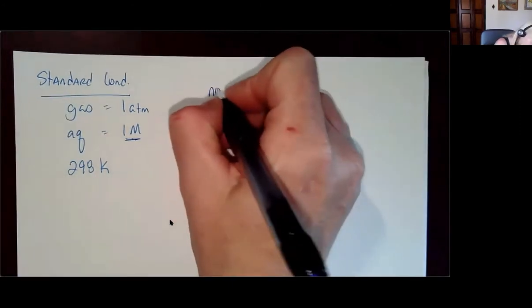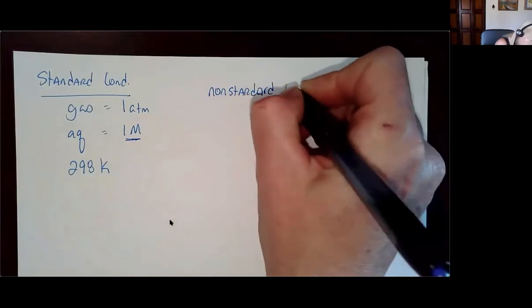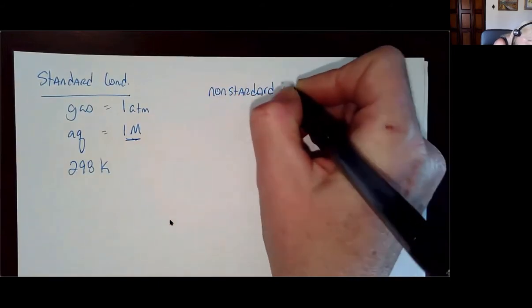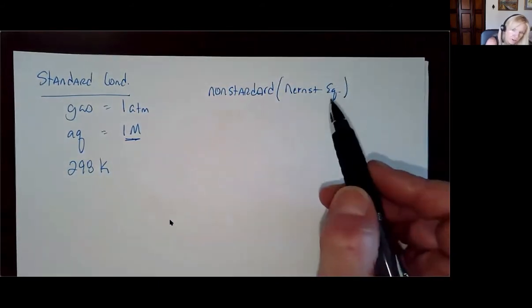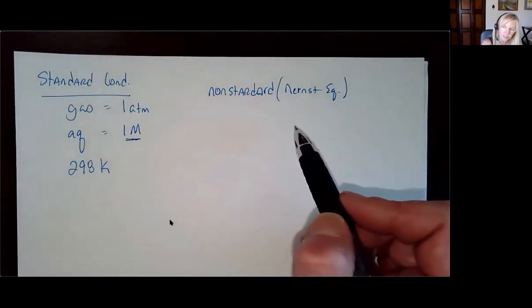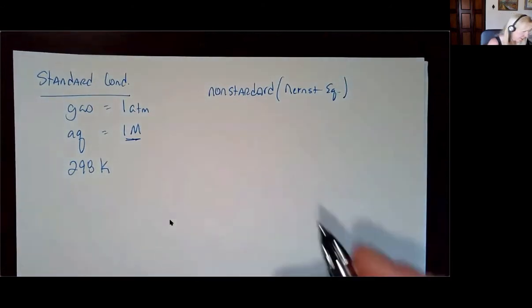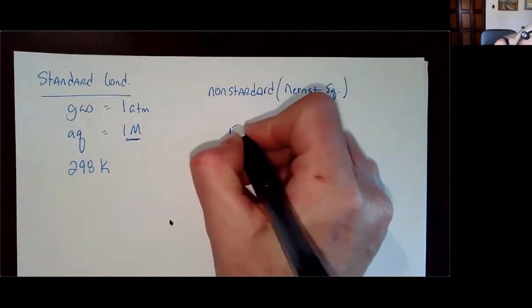If I have non-standard conditions, I need to use this equation called the Nernst equation. And just like we did with delta G, where we had an equation that related our new delta G to delta G under standard conditions, we're also going to have a new cell potential and relate that to the cell potential under standard conditions. So the Nernst equation looks like this.